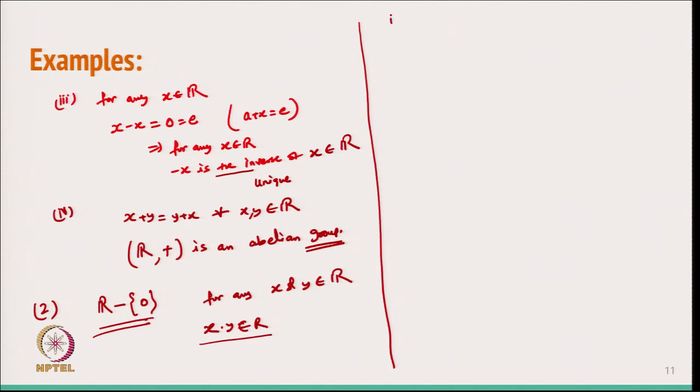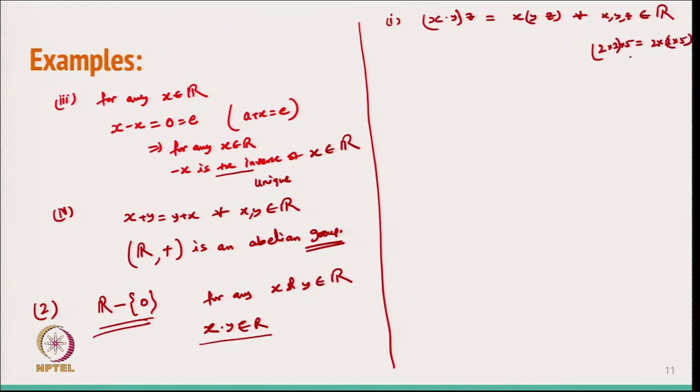Now, I can define that for any 3 elements x, y, z, (x y) z can be written as x (y z) for all x, y, z belongs to the set of real numbers, because I know that 2 into 3 into 5 can be written as 2 into (3 into 5).